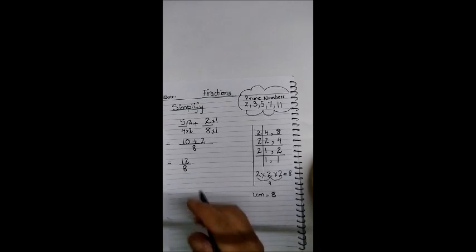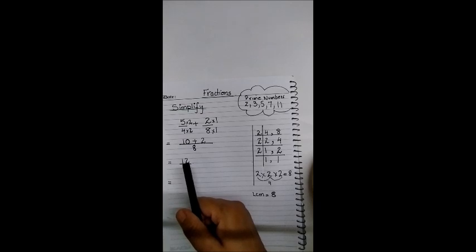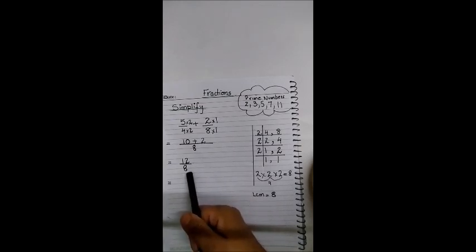Very nicely written. But do you think 12 and 8 can be found in any one of the tables? Yes, it is there in 2 times table, because 2 fours are 8, 2 sixes are 12. Yes. And then it is also found in your 4 times table.